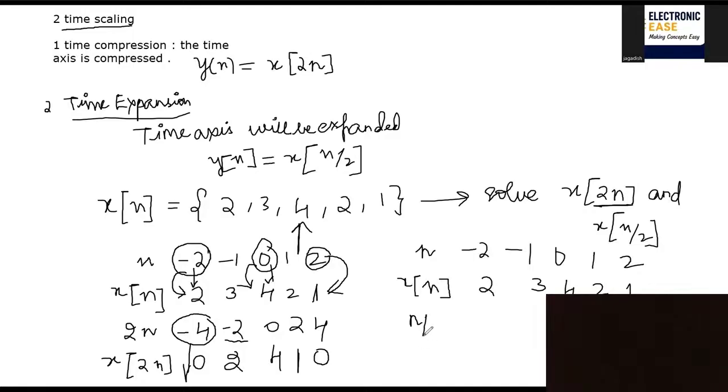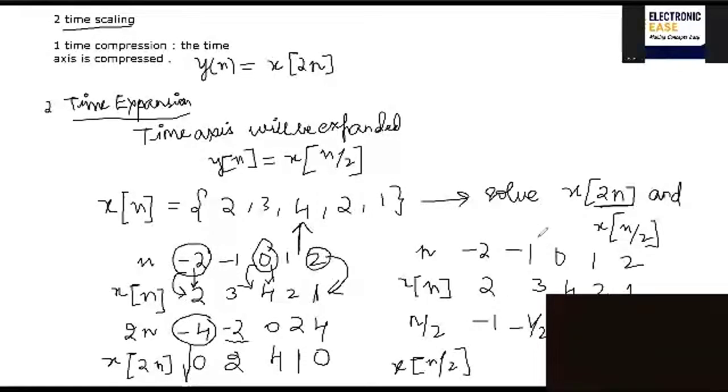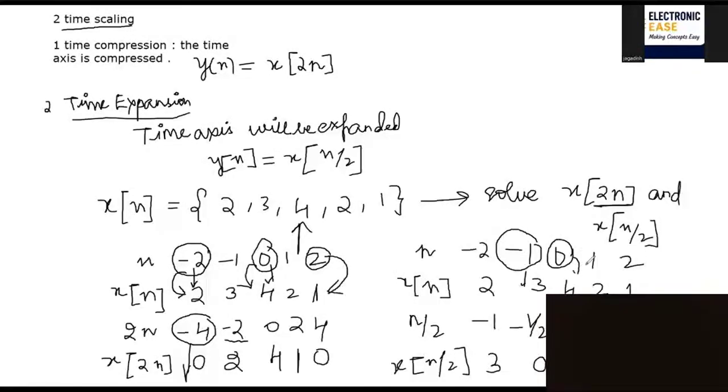Now we have to do n by 2 values. Can you see any n value at minus 1? 3, sir. So that 3 I have to substitute here. At minus half, can I see anything? No, sir, 0. At 0, 4. At half I can see 0. At 1, 2. At 1, 1. This is your x of n by 2 value.